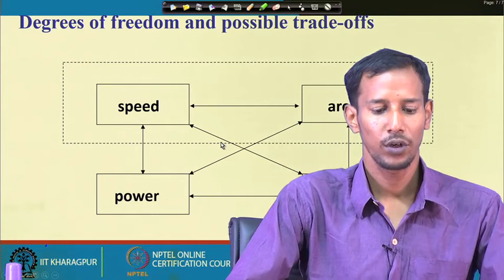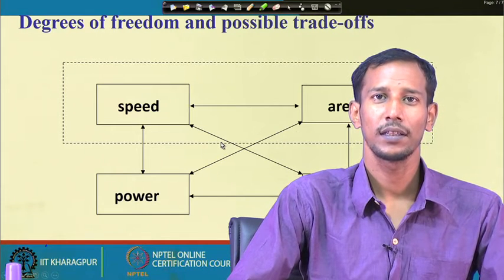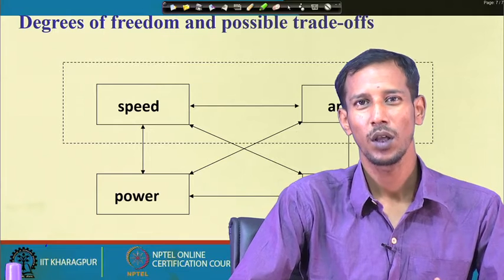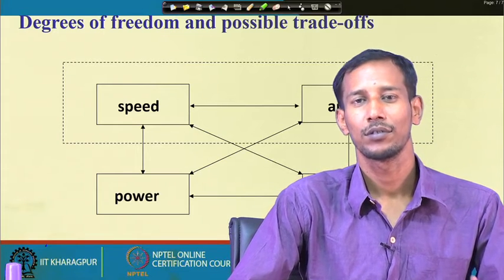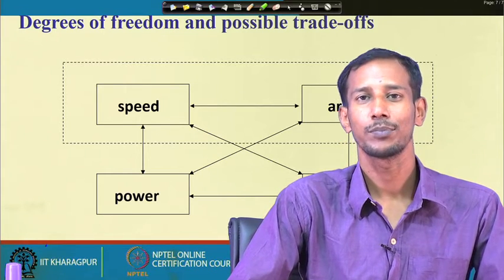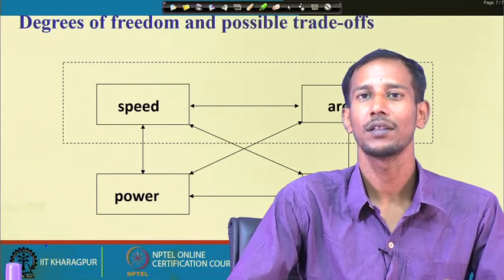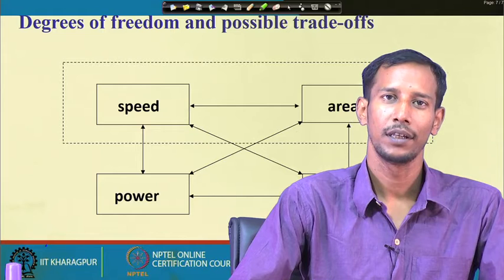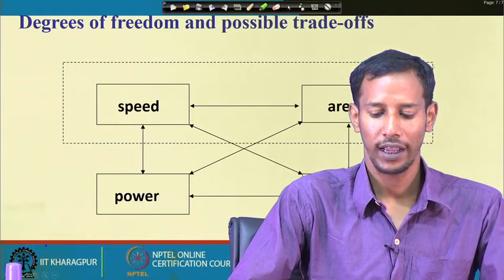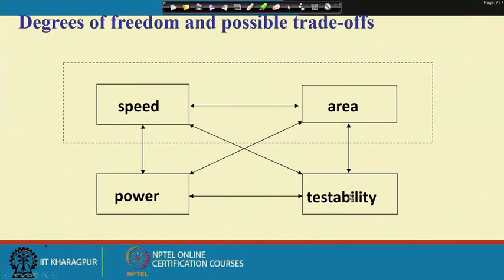As I said, there is a strong relation between speed, power and area; these three are the major constraints in your VLSI system design. Another is testability.